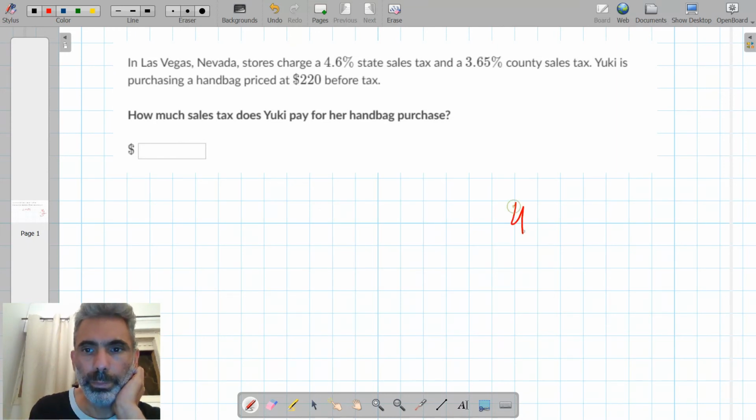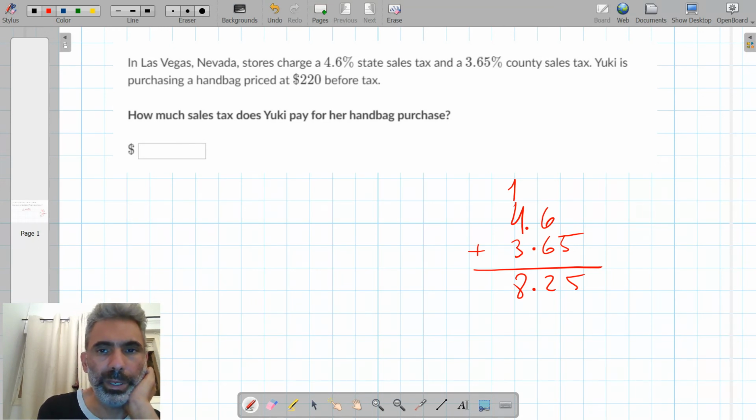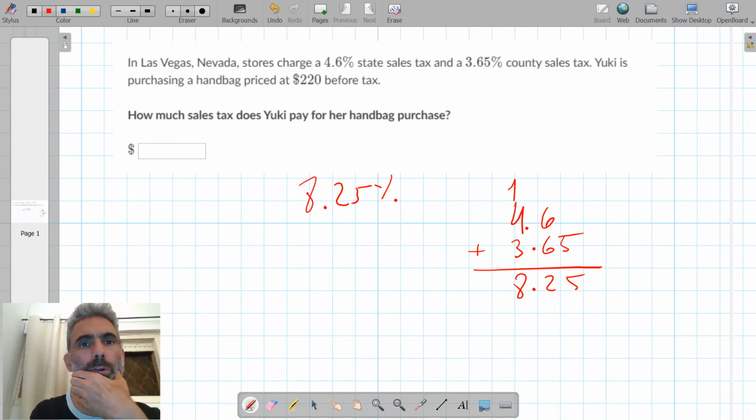Okay, so 4.6 plus 3.65. So in total, how much tax does she need to pay? So this is 5, this is 12. 1 plus 4 is 5, 5 plus 3 is 8. So she needs to pay 8.25% for $220.